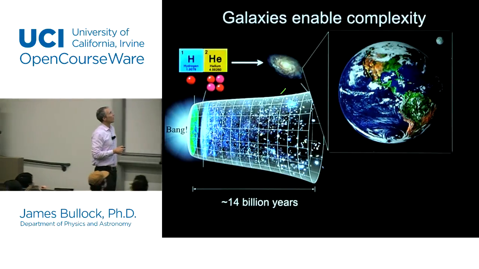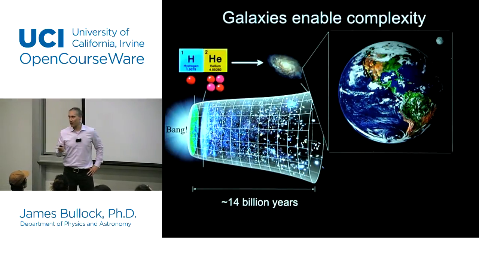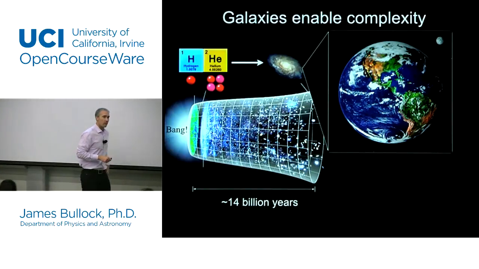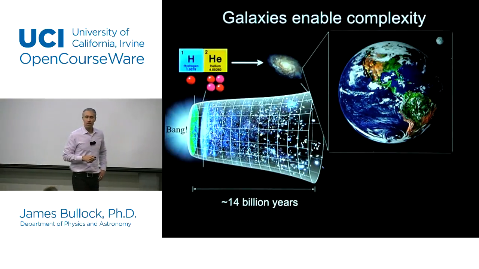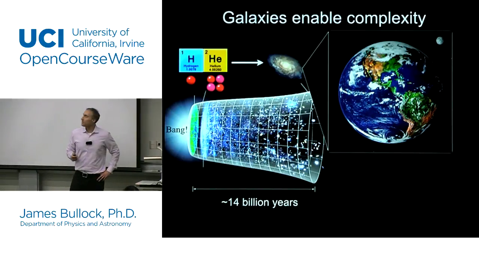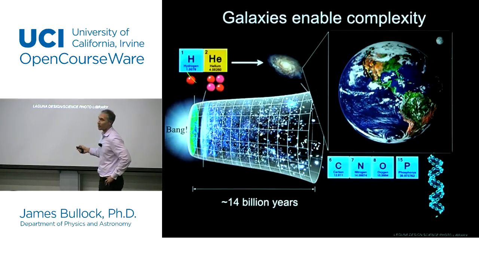Okay? And we know that on at least one star in one galaxy, we got a planet with a lot of water, liquid water. And on that planet, we have a lot of carbon, nitrogen, oxygen, and phosphorus, in addition to the hydrogen that was dealt us in the Big Bang.